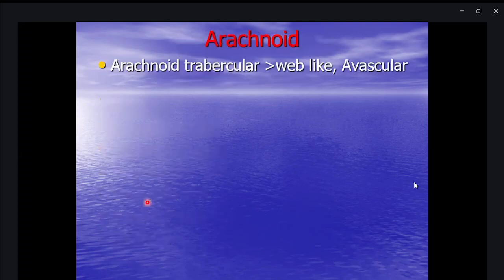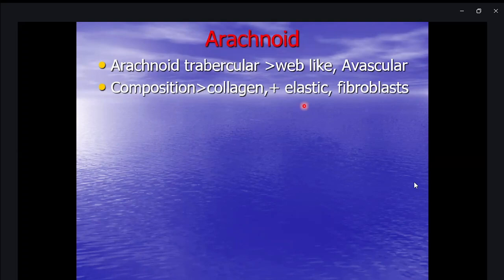The word arachnoid comes from arachnida, so it has web-like projections and is avascular. It has no blood vessels. It's composed of collagen, elastic fibers and fibroblasts, and forms arachnoid villi.